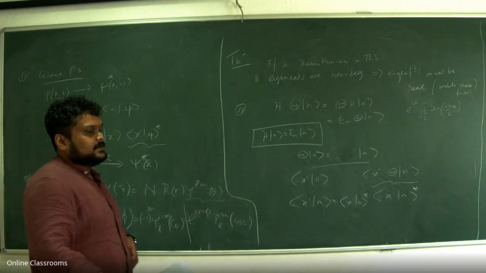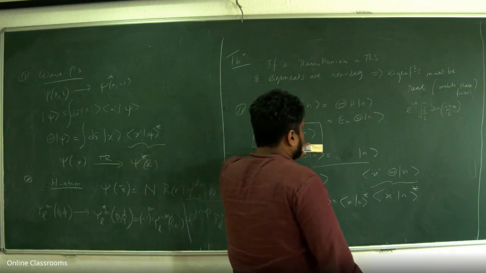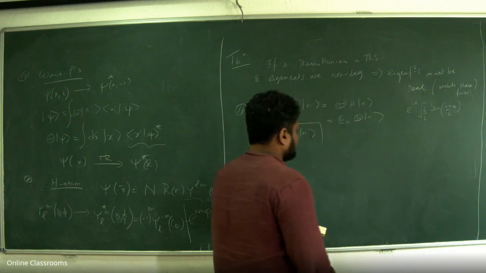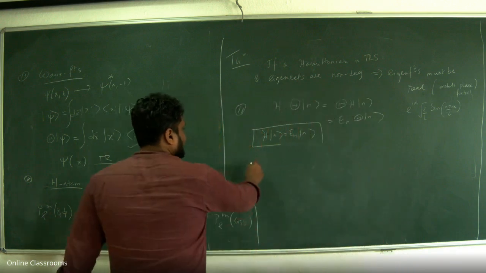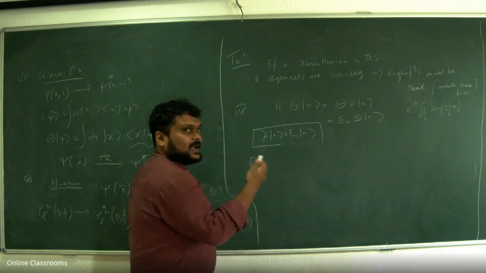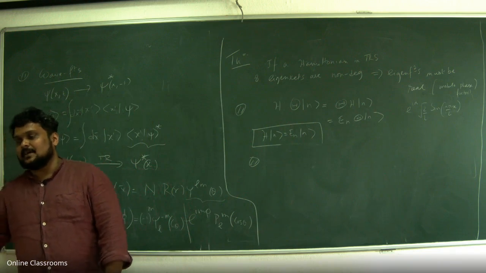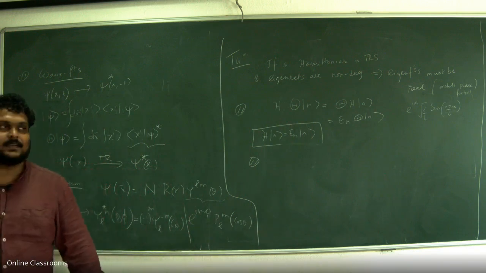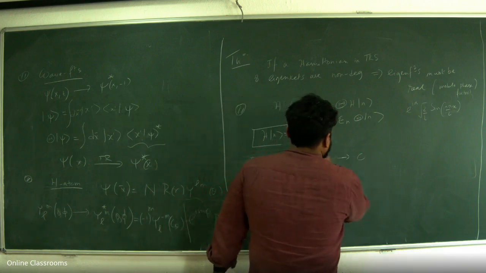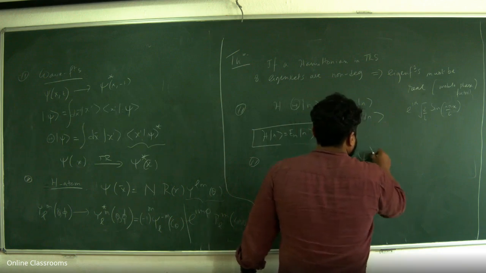Now, one more result, which I want you to try to internalize and understand. I said earlier that if I want to write down the wave function after time reversal, all I have to do is take psi x to psi x star.